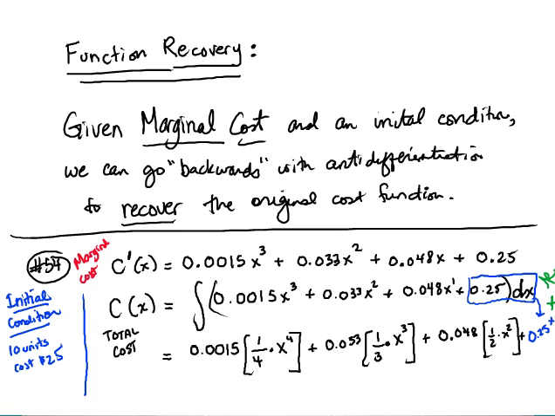All right, so what we've found out so far is that total cost, we know up to an arbitrary constant. We don't actually know the constant value yet. So it's 15 10,000ths over 4 times x to the 4th plus 33 thousandths over 3 times x to the 3rd.